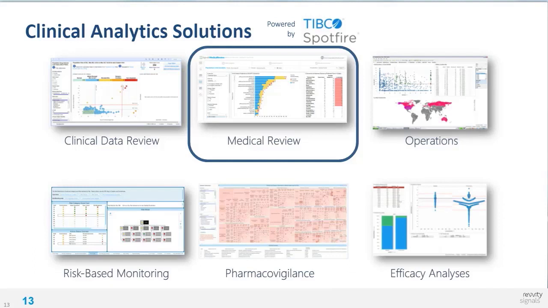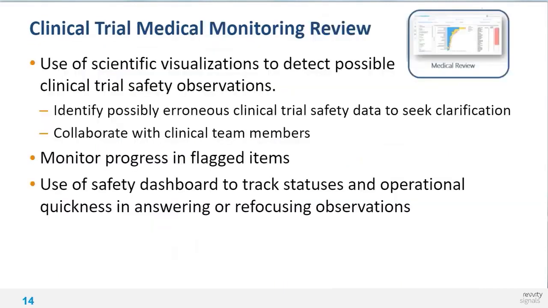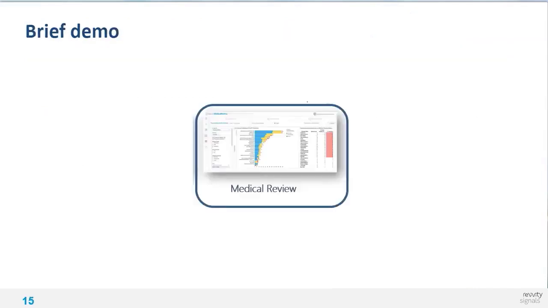In this case, we're specifically interested in being able to collaborate with other team members and ask questions about the data. We want to identify if there are any safety issues, collaborate with members of the team, and monitor progress in flagged items in that data. So I will again transition to a demo here.